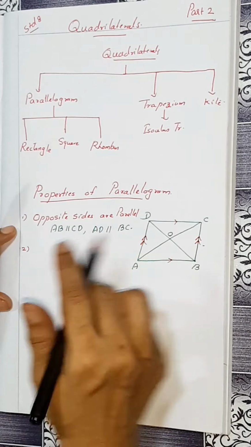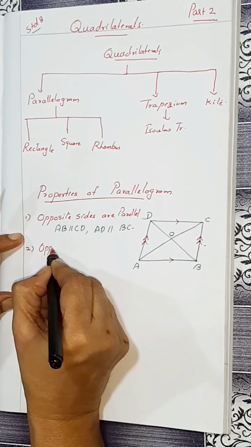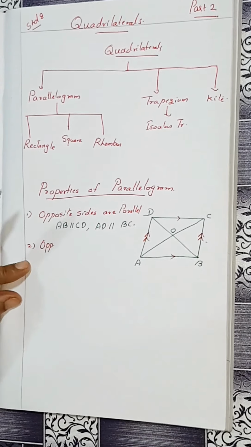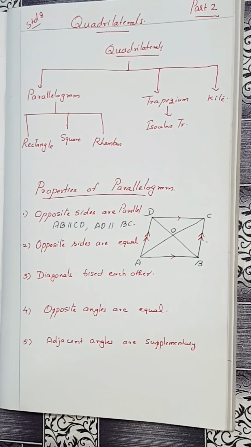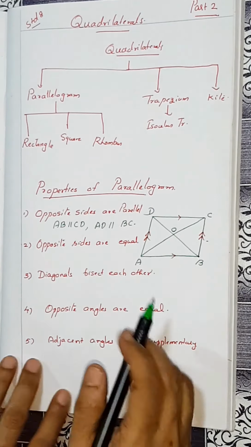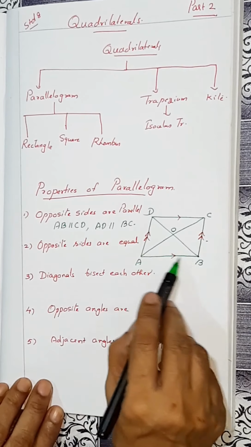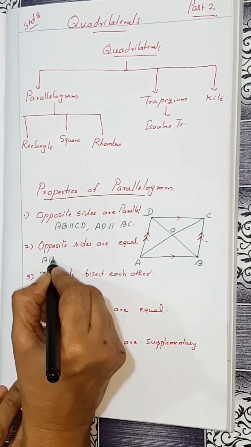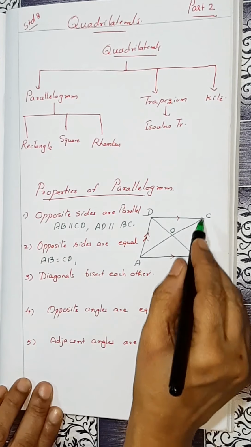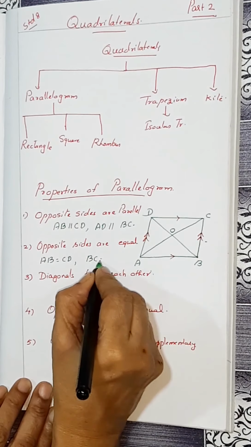Then you have opposite sides are equal. So that is AB is equal to CD and BC is equal to AD.